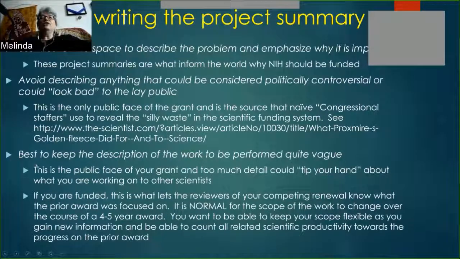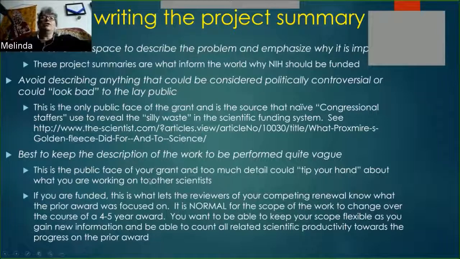Also, you want to consider that it's often best to keep the description of the proposed work rather vague. Very often you don't want to say, I'm going to do X in specific aim 1 or Y in specific aim 2. Since it's the public face of the grant, you don't want to tell other people in great detail what you're working on.